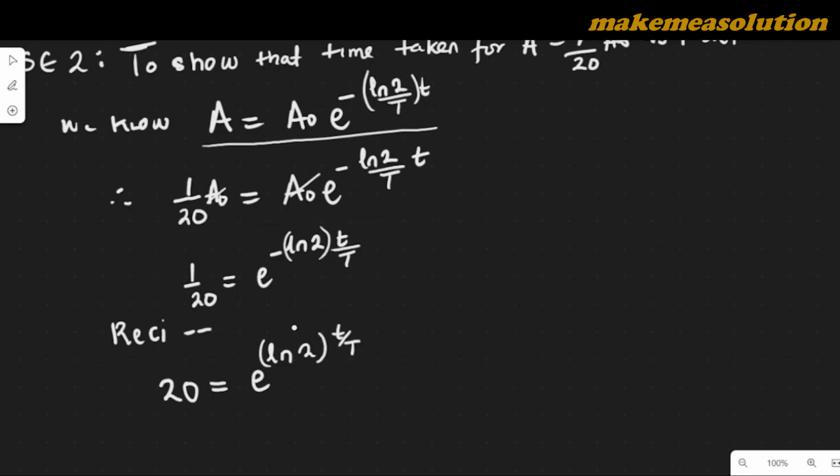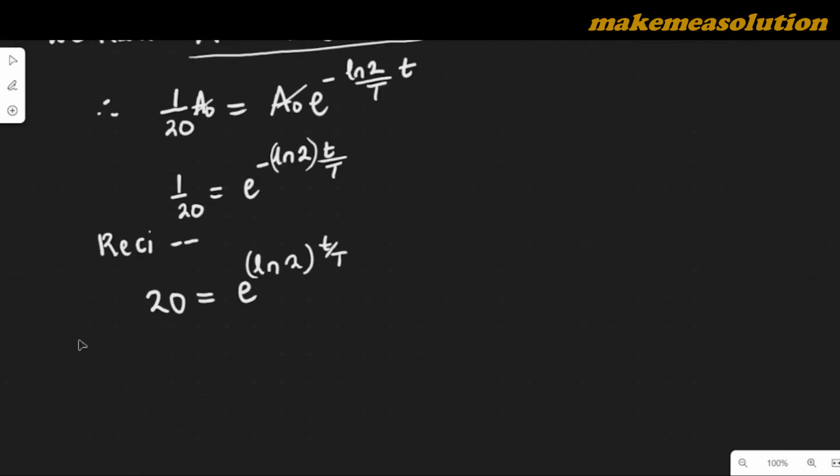So I hope you still know the trick. When you take the exponential and the reciprocal of both sides, 1/20 becomes 20, and exponential minus something becomes exponential plus something. So you're now going to take the natural logarithm of both sides.